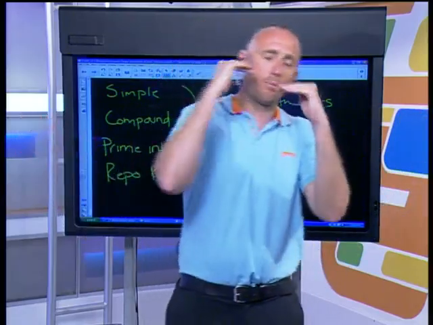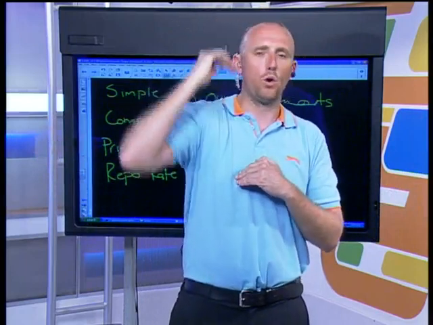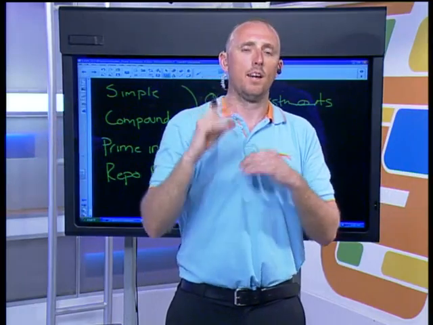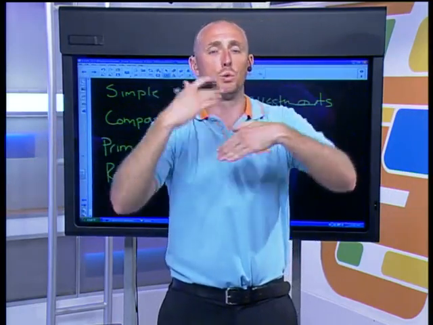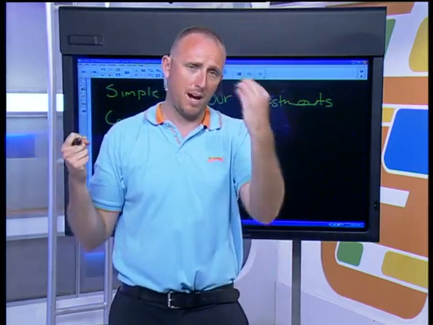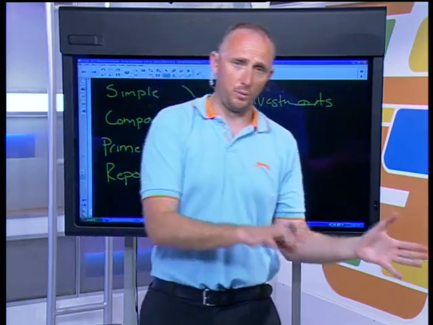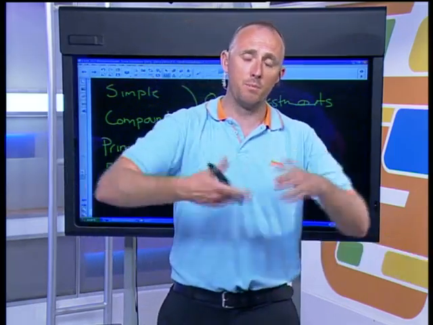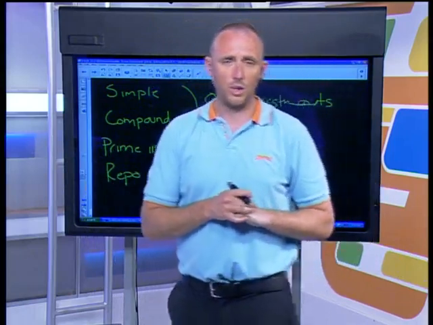So prime interest is not related in any way to simple or compound interest. Simple and compound interest are just tools that we use to calculate how much money our investment is going to make. Where prime interest is what we use for when we go into debt, and that's the minimum rate that the banks will charge us. I hope that answers that question for you there, Goodwill.